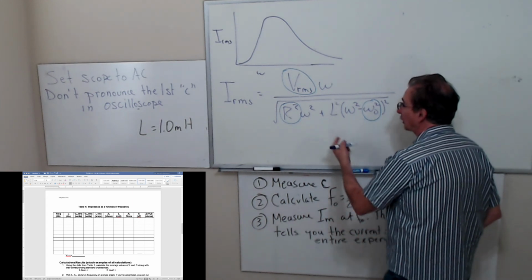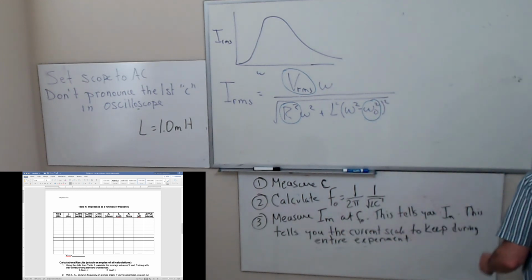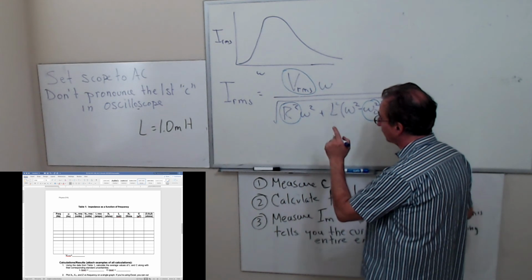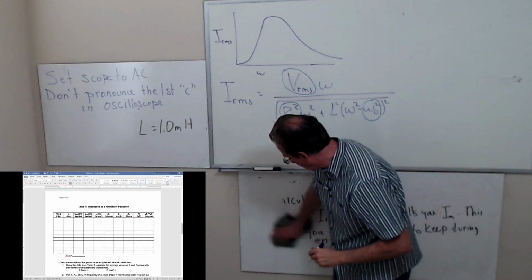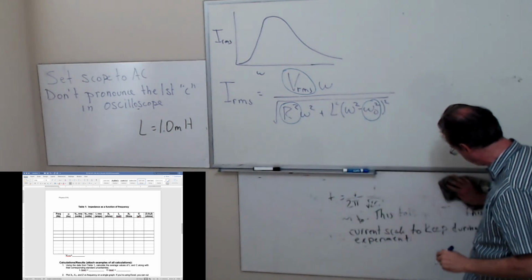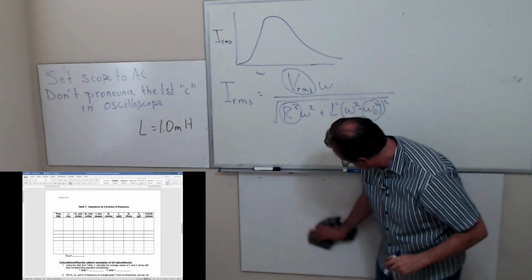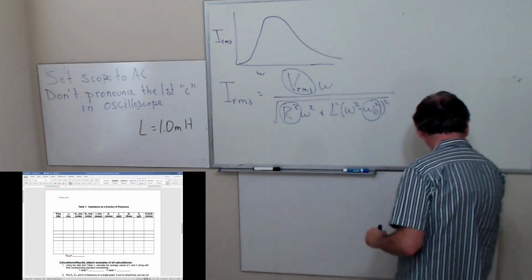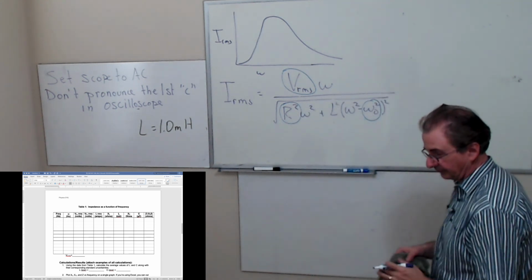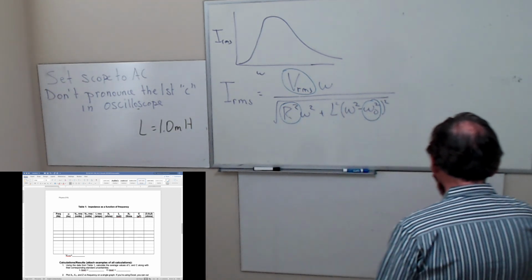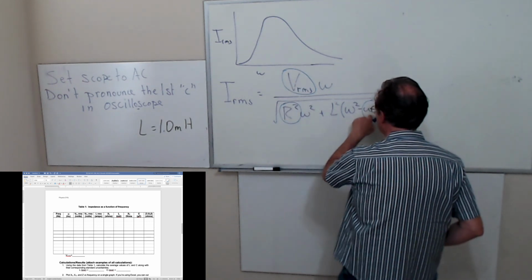So you have to define a curve fit in Graphical Analysis or in DataStudio. DataStudio has a curve fit similar to this, except that it's really more for power, not for current. I'm having to do the current fit. So if you're in Graphical Analysis, you make this a fitting parameter, this a fitting parameter, that a fitting parameter.